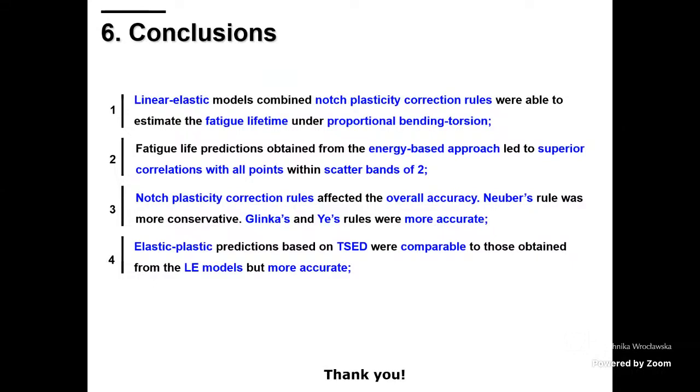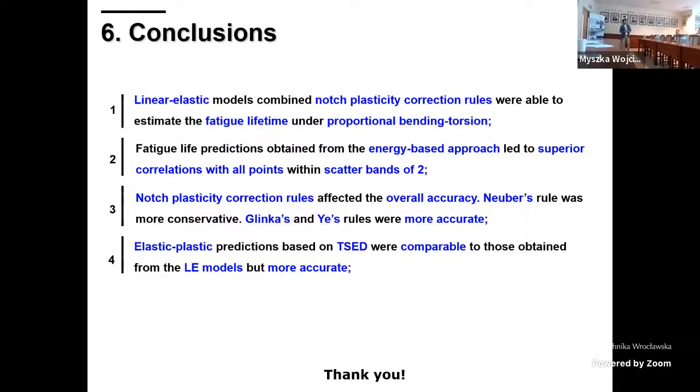So basically, we can conclude that the linear elastic models combined with notch plasticity correction rules are able to estimate the fatigue lifetime under proportional bending torsion. In fact, the energy-based approach led to correlations with all points within scatter bands with factors of 2.